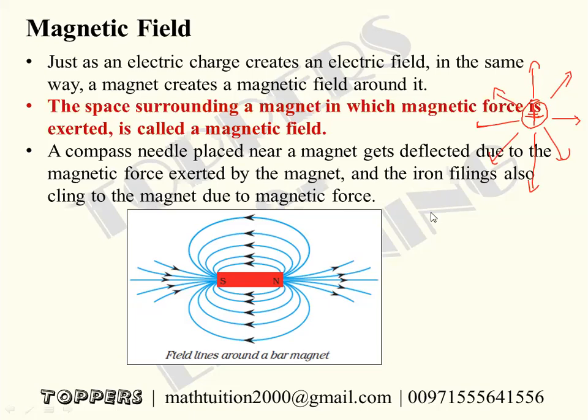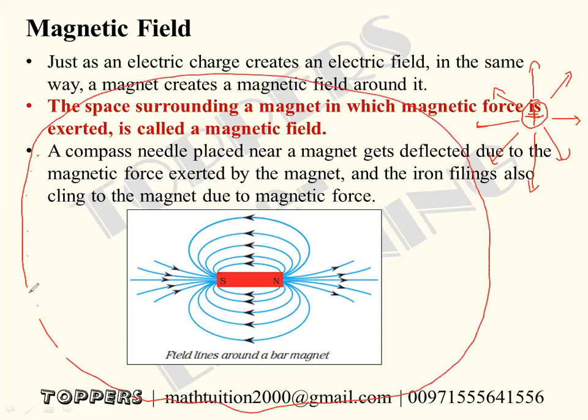Suppose in this much range you are getting attraction or repulsion, we can say in this range we have a magnetic field. But theoretically, the magnetic field goes on infinitely, everywhere in space. That's the theoretical part. But practically, we will have some region where we can say we have a magnetic field.